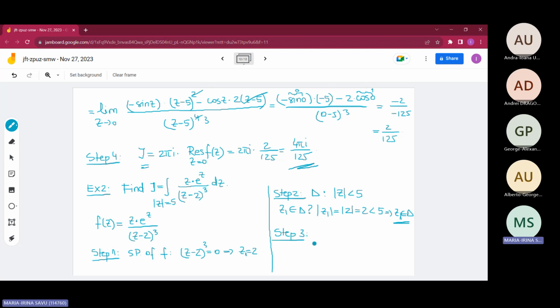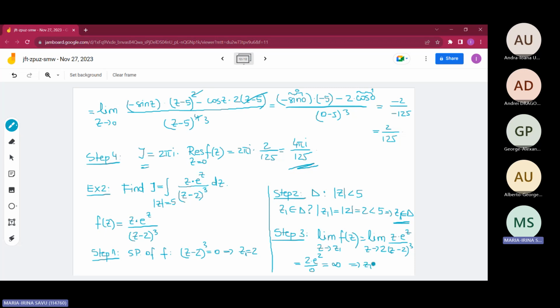But first, what type of point is z1? This is why we compute the limit when z goes to z1 of f of z. So this is the limit when z goes to 2 of z times e to the z over (z minus 2) cubed, and this is 2 times e squared over 0, which is infinity.